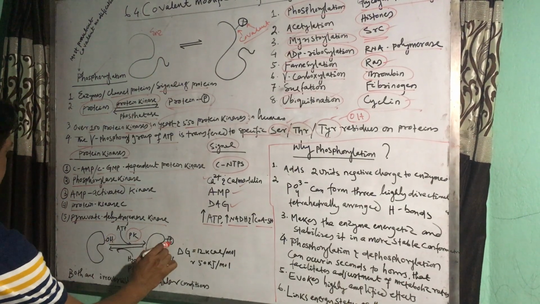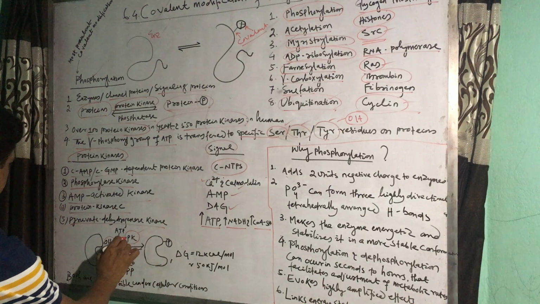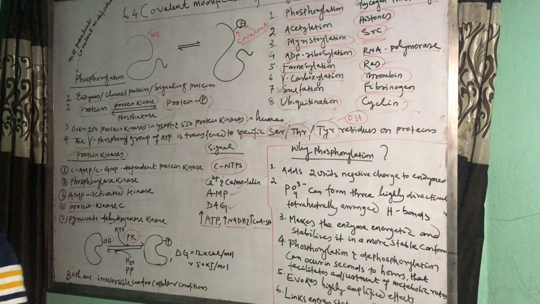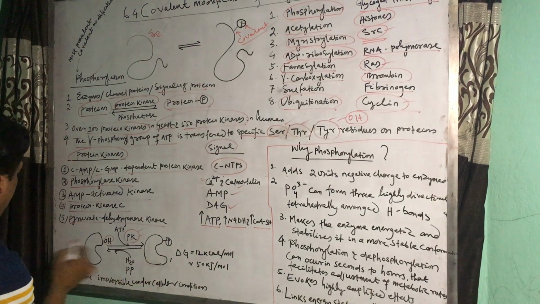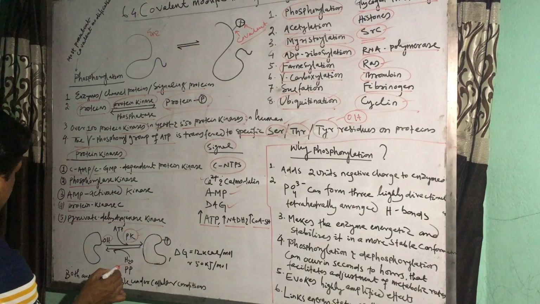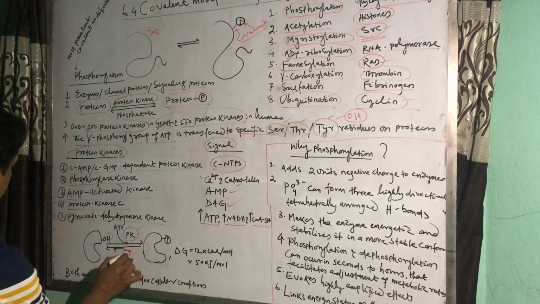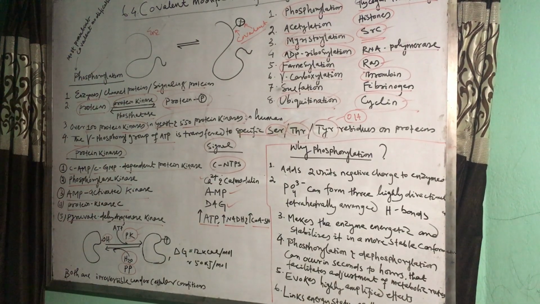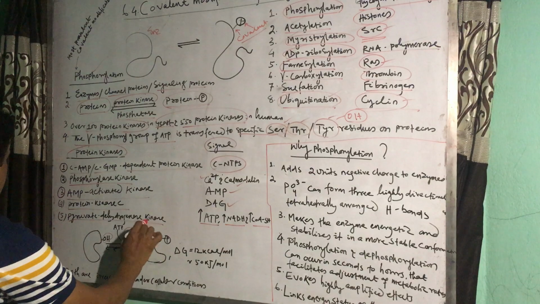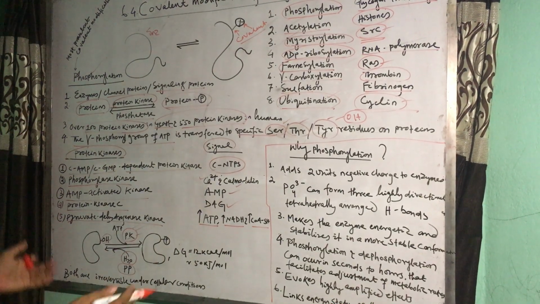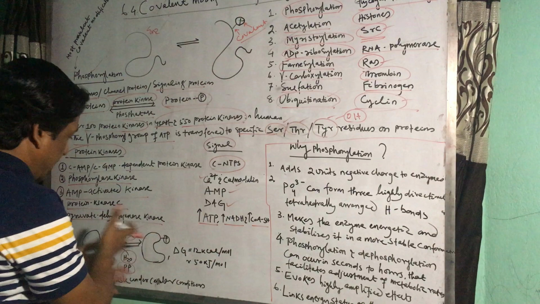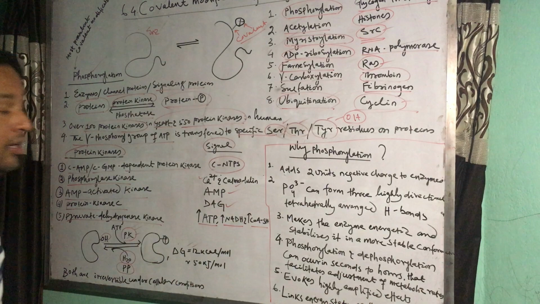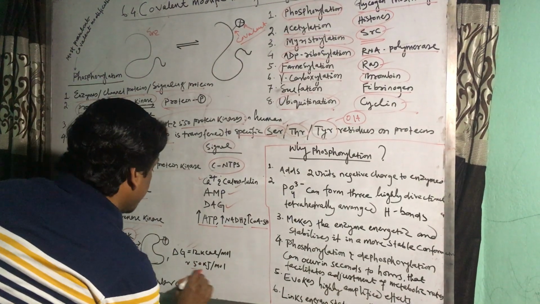This enzyme kinase belongs to the class of enzymes known as transferases, whereas the removal of this phosphate group is catalyzed by protein phosphatases with addition of water. So they belong to the hydrolase group of enzymes. It should not be confused that phosphorylation and dephosphorylation are the reverse of each other. They are catalyzed by different enzymes and they are irreversible processes as they are linked to large changes of energy inside the cell.